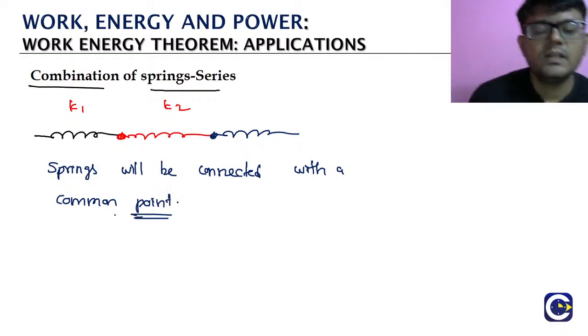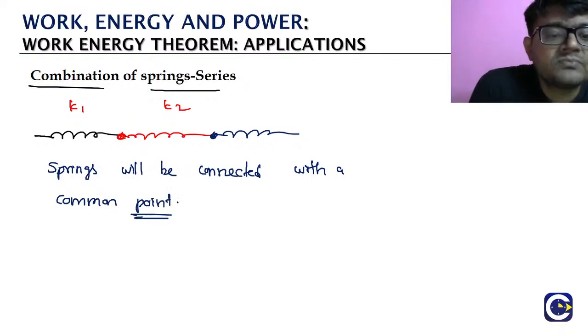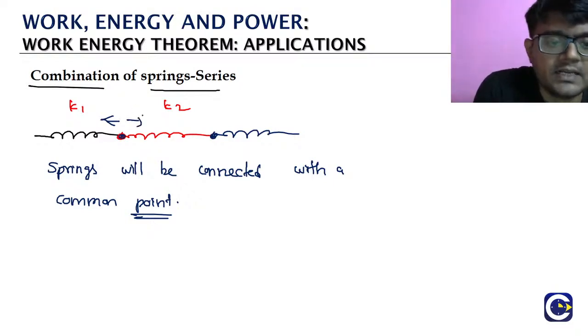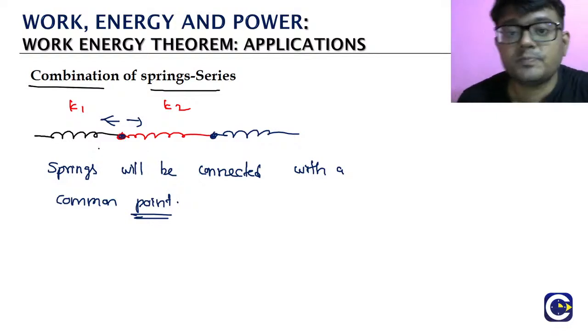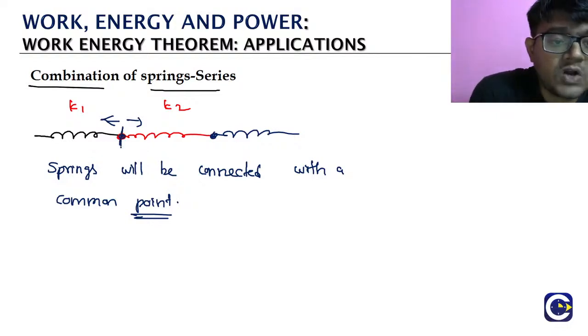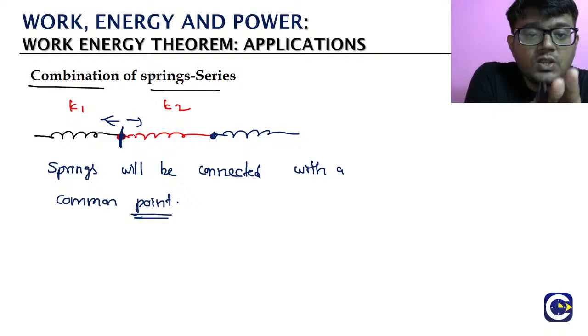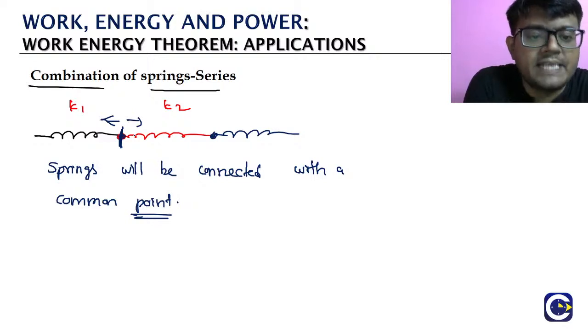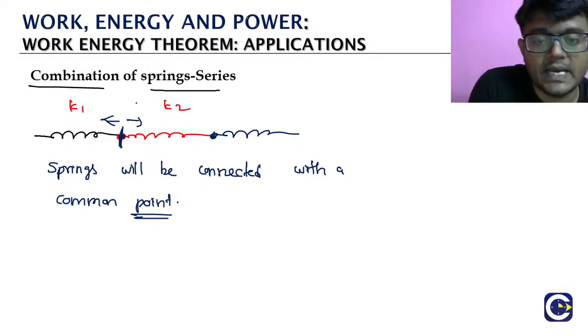So see here, spring 1 will create a force if the spring system is elongated or compressed. Similarly, on this side, the force created by spring 2 comes. The common point should be static, right? Once you elongate or compress, the common point should be static, which means there must be a force balance at the common point.